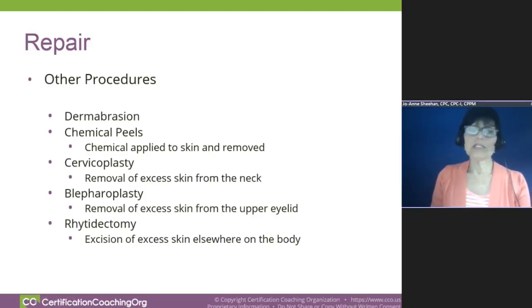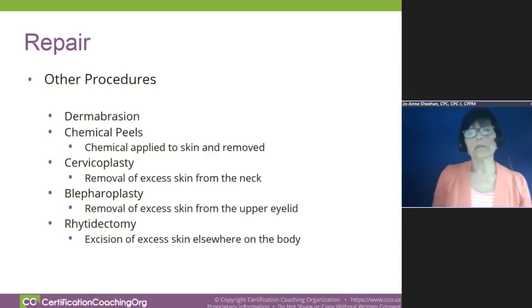Some of these other procedures that are repairs, which may or may not be paid for by insurance, are dermabrasion; chemical peels, which is a chemical applied to the skin and removed; cervicalplasty, removal of excess skin from the neck; blepharoplasty, removal of excess skin from the upper eyelid; and rhytidectomy, excision of excess skin elsewhere on the body.